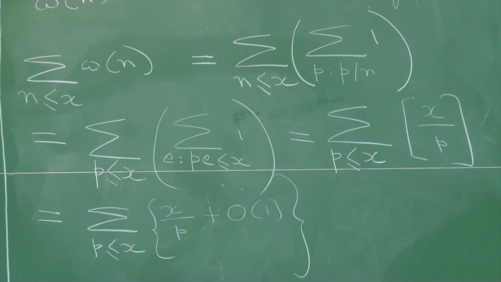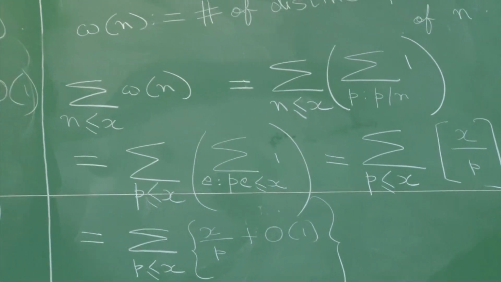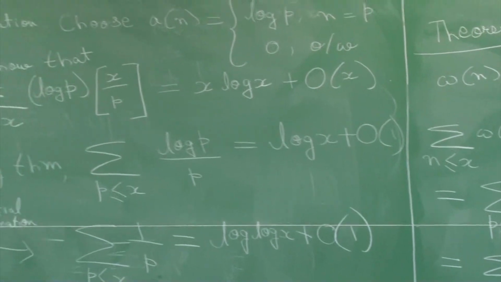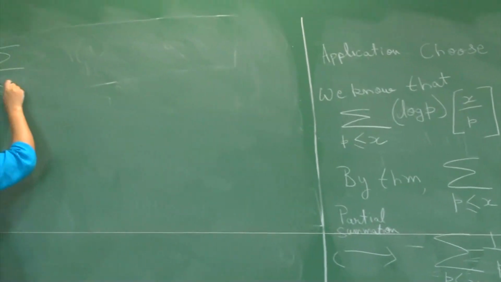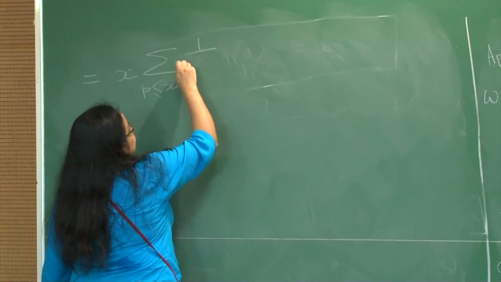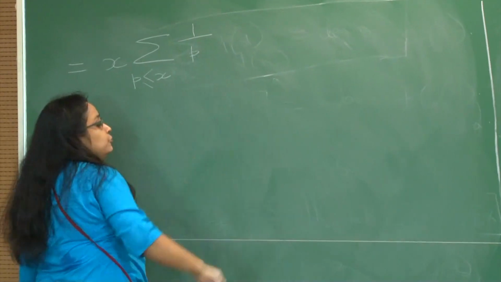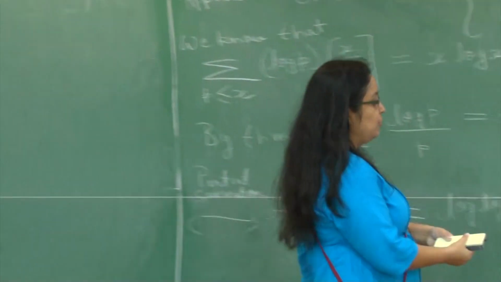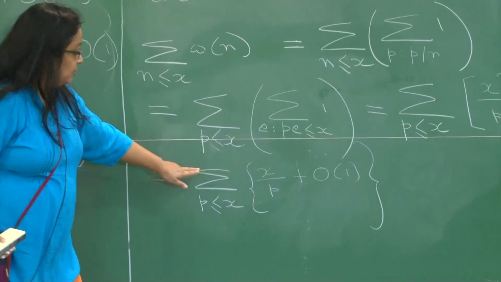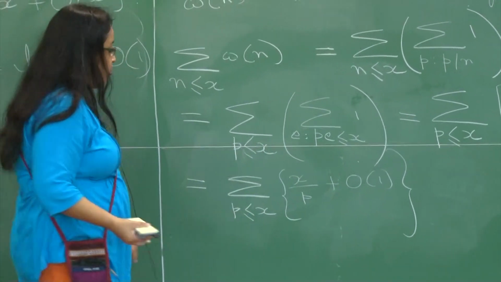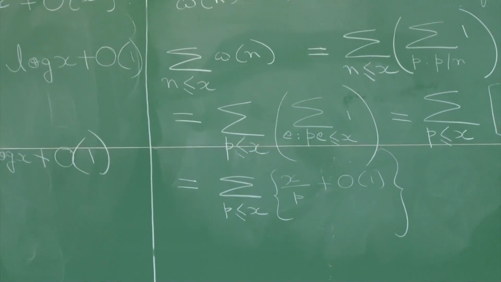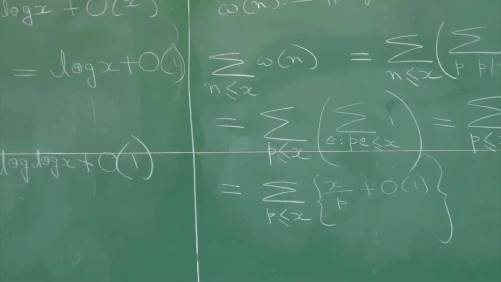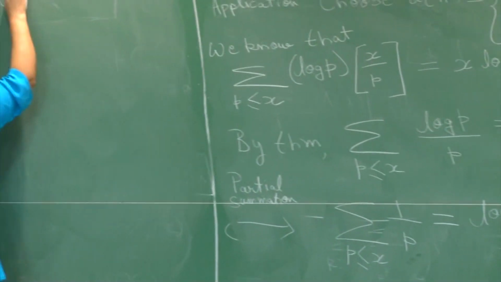So, this is equal to x times summation p going over all the primes up till x of 1 over p plus O of 1, but the outer sum is running over all the p up till x, which is certainly less than or equal to x.